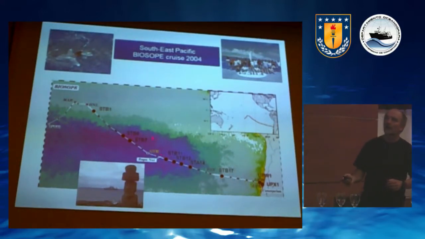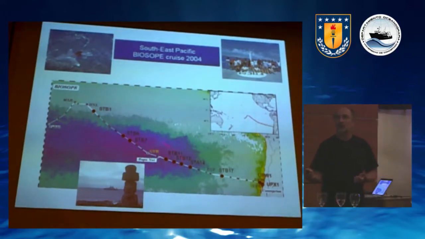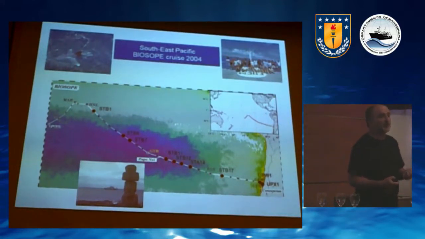So this is why it's such an interesting area, because you cross an incredible gradient from extremely productive coastal waters to mesotrophic waters near the equator to the most oligotrophic part of the ocean, where here, if you use this technique called the Secchi disk, you reach a depth of 74 meters.